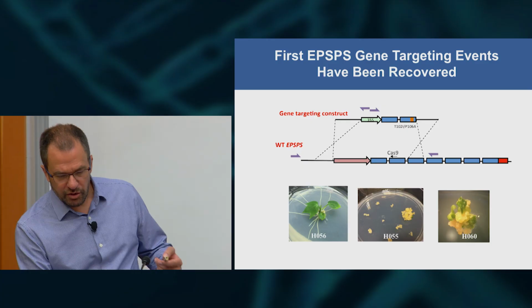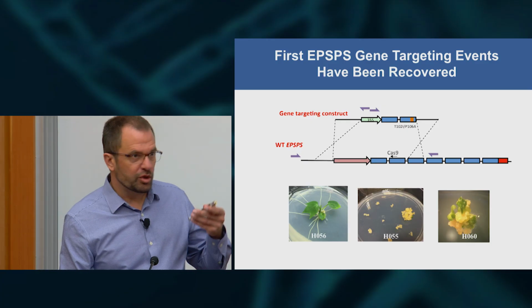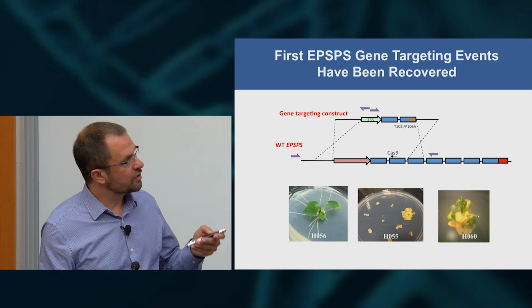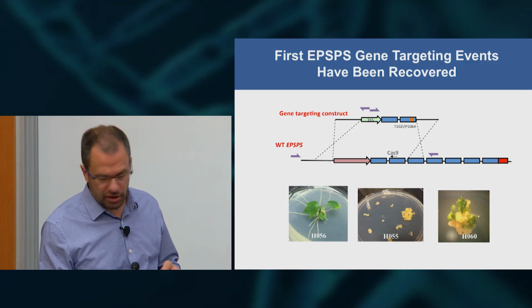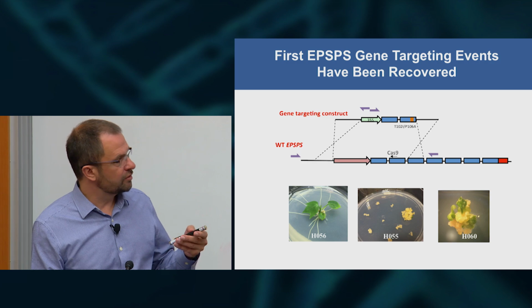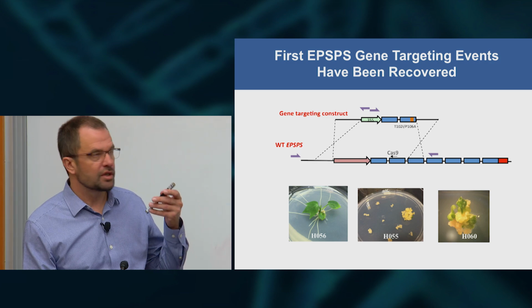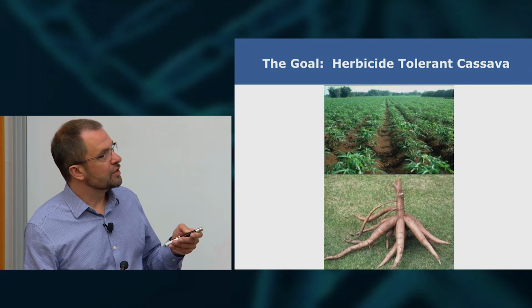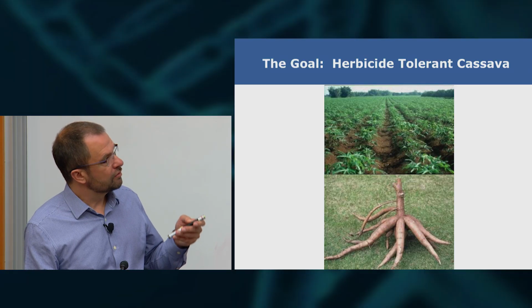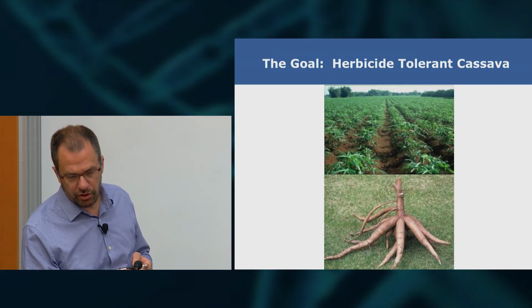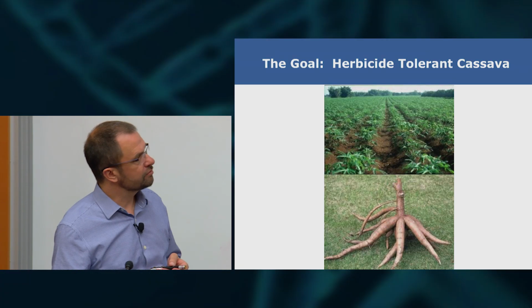And so we're optimistic then that this will be another way that genome editing is going to enter the food supply, not in the US, but perhaps ultimately in Africa, to achieve the goals of this project: to reduce weeds and create cassava fields that can be weed-free basically through treatment of these herbicides, and produce more of the rooty tubers that are such an important source of carbohydrates for Africa.